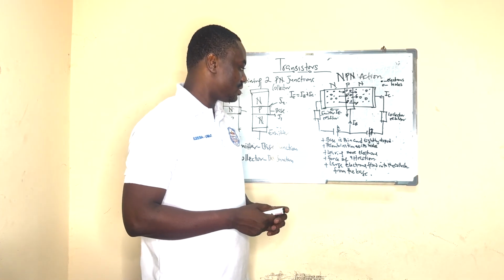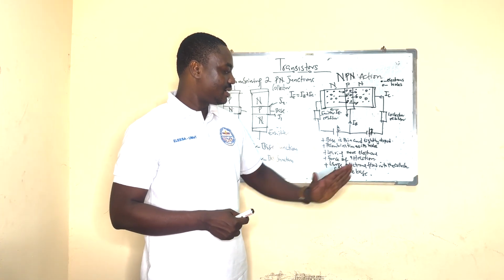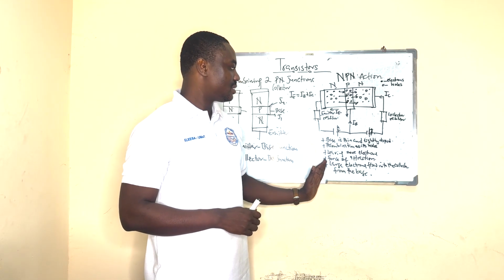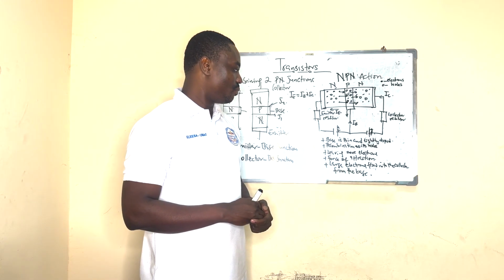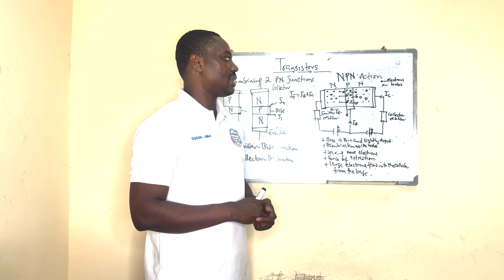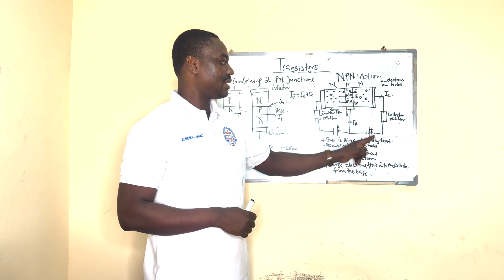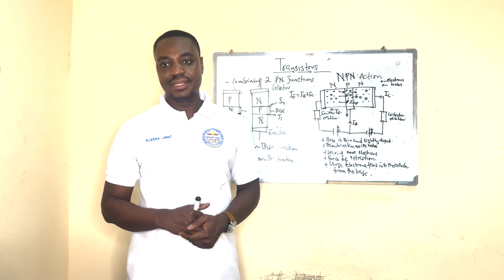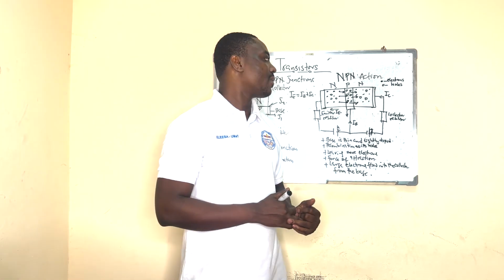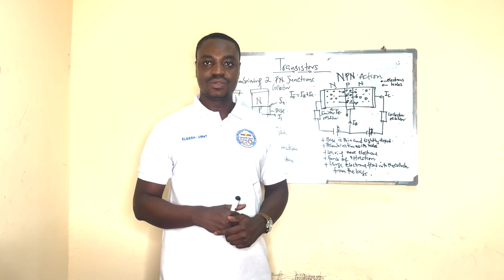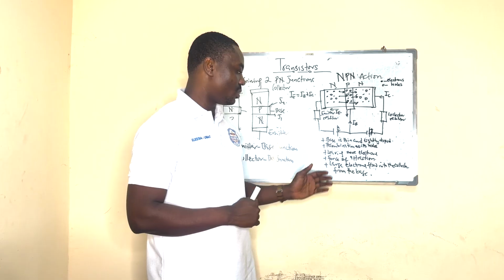In that process, you have a large amount of electrons moving into the collector region, and from there they migrate through the positive terminal connected to the collector terminal. So you have a large flow, and as a result of this, you have the flow of current.